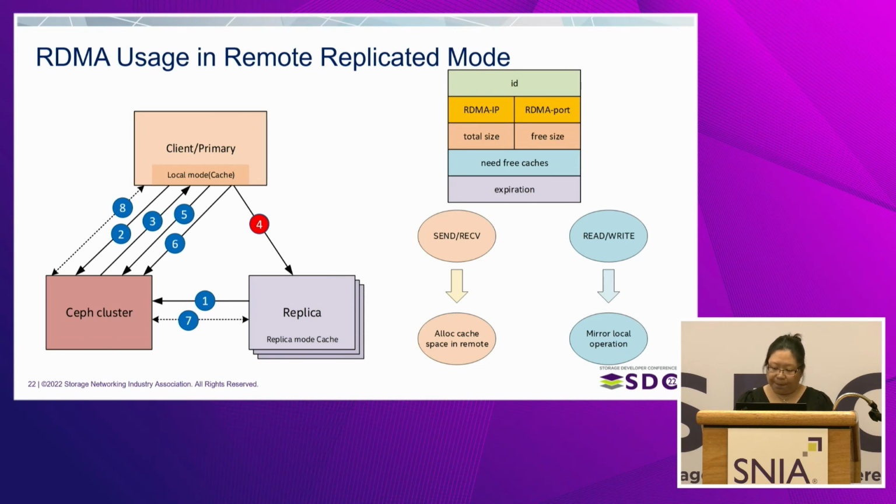For the data path, we just use RPMA read and RPMA write to write the data to the replica. So the local PWL replica is the mirror of the local PWL, so they have the same copy of the data every time.